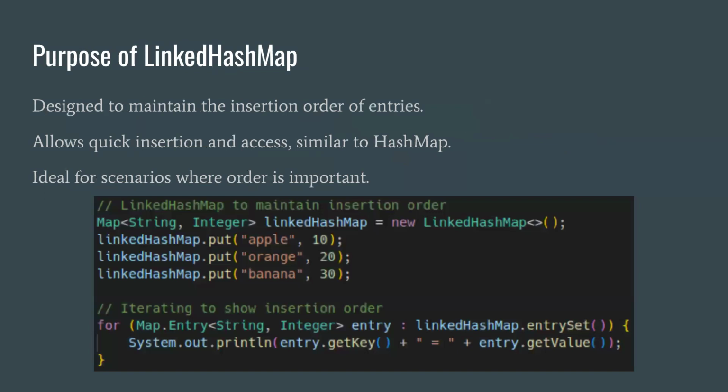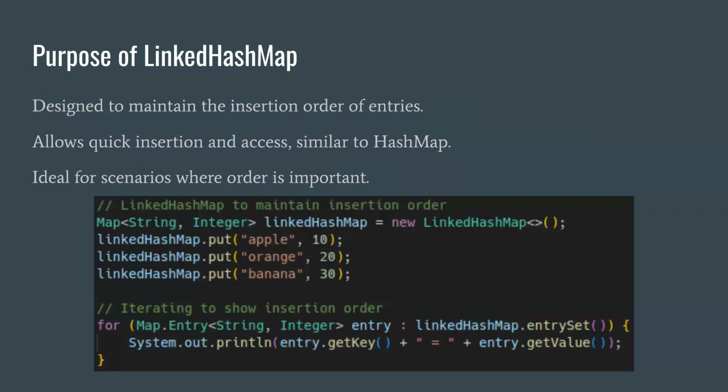Purpose of LinkedHashMap. The LinkedHashMap is designed specifically to maintain the order of elements as they are inserted, which is something HashMap doesn't offer. This feature makes LinkedHashMap particularly useful in scenarios where the order of data is important.